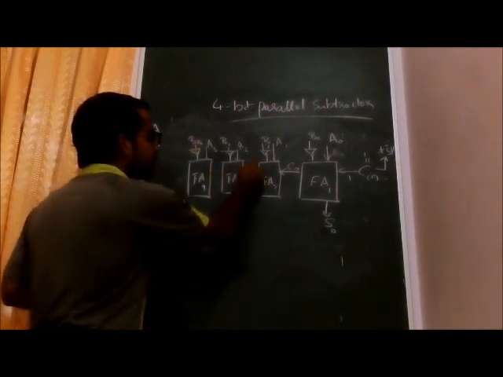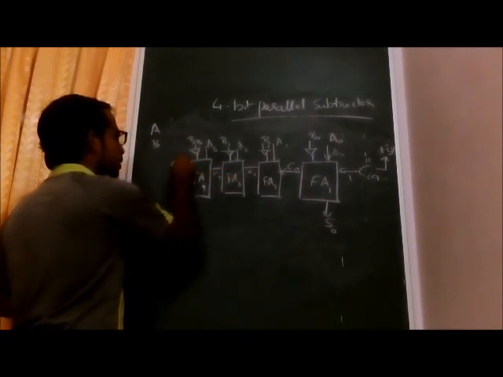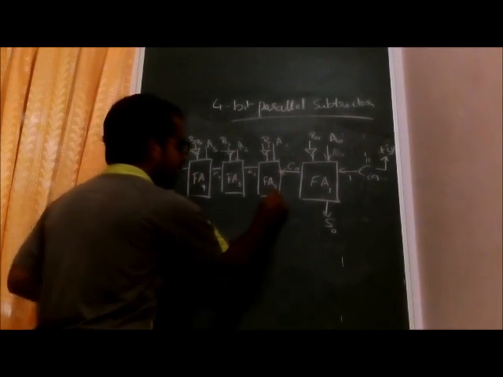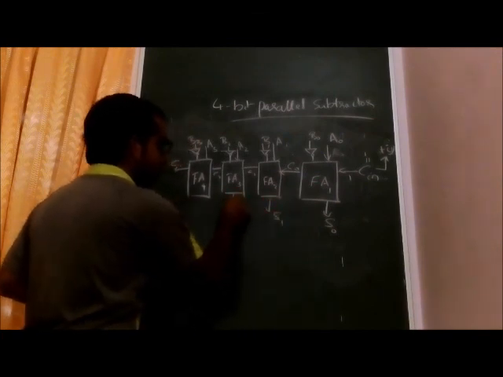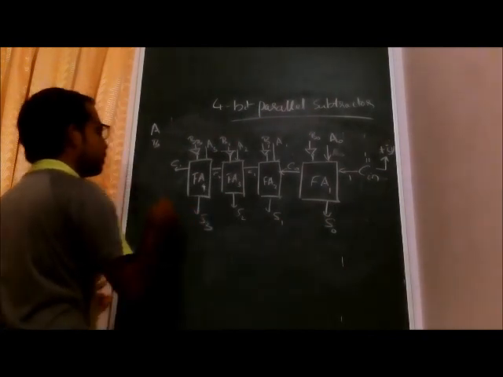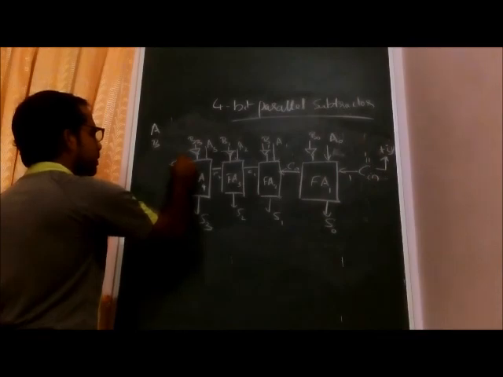This is C1, C2, and this is the final carry here, and here you will get S1, S2, S3. If there is a carry generated here, we need to consider it. This is C3.